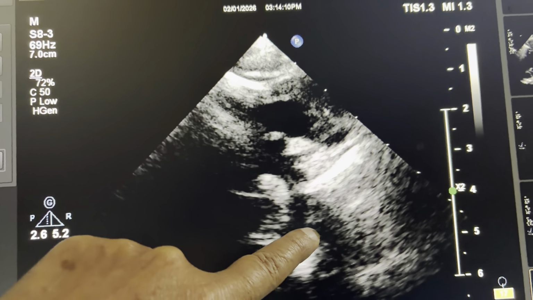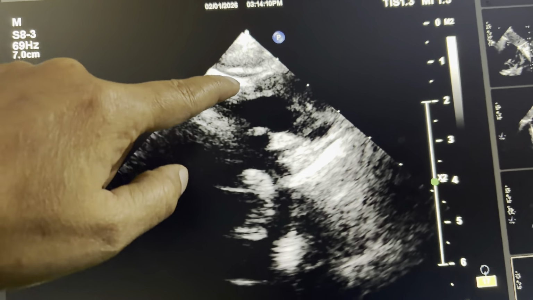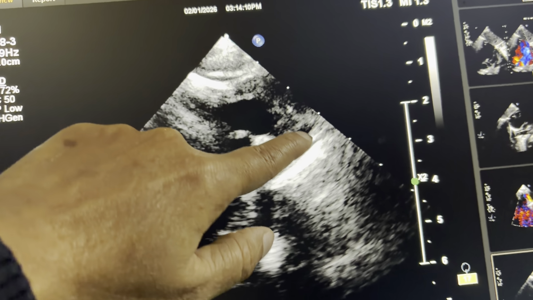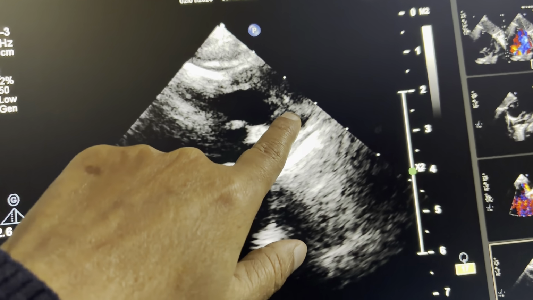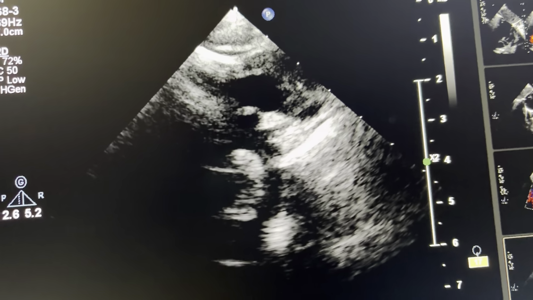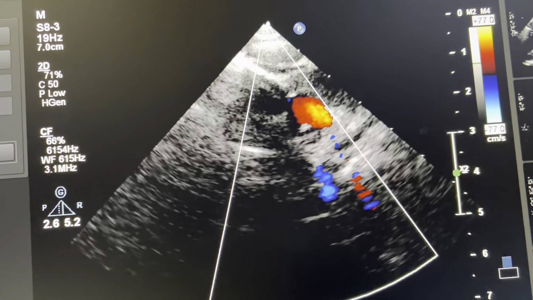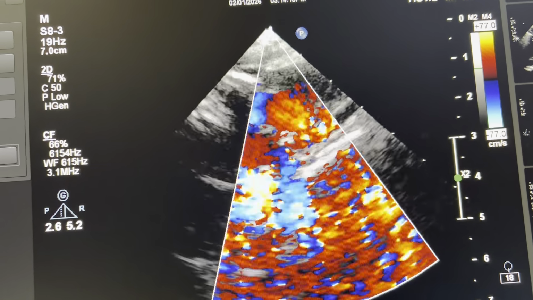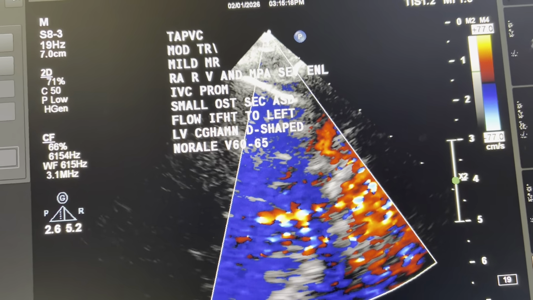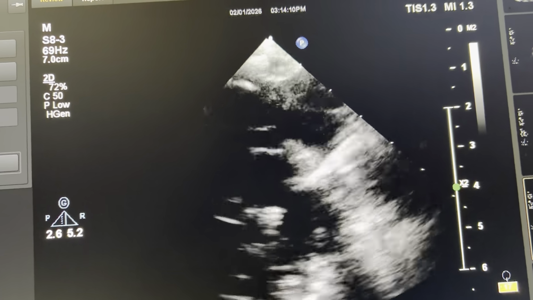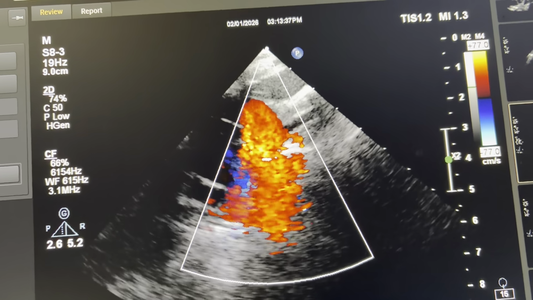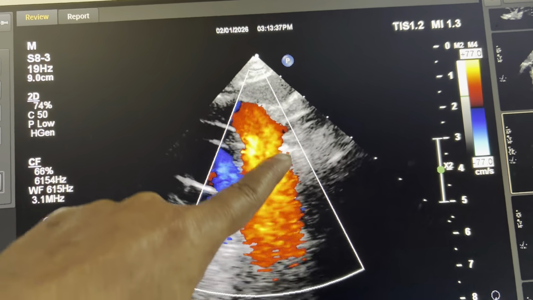You can see the aortic branches also, and this is the left innominate vein. Here the vertical vein joins the left innominate vein.